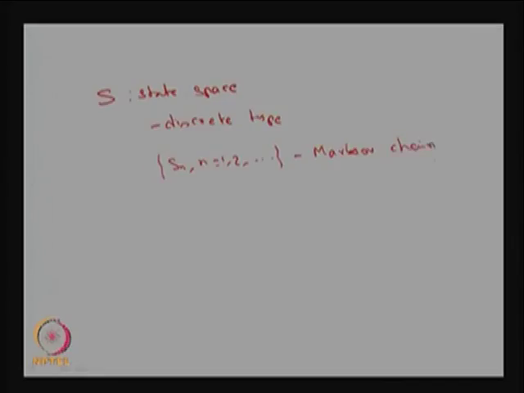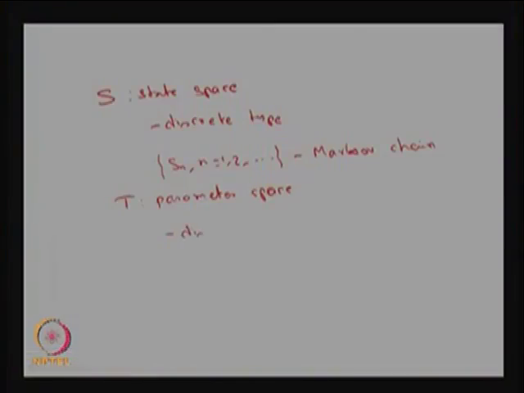Now, based on the parameter space capital T, the parameter space is the set of possible values of T. Whether it is finite or countably infinite, then it is a discrete parameter space or discrete time, or if it has uncountably many values, it is called the continuous type.